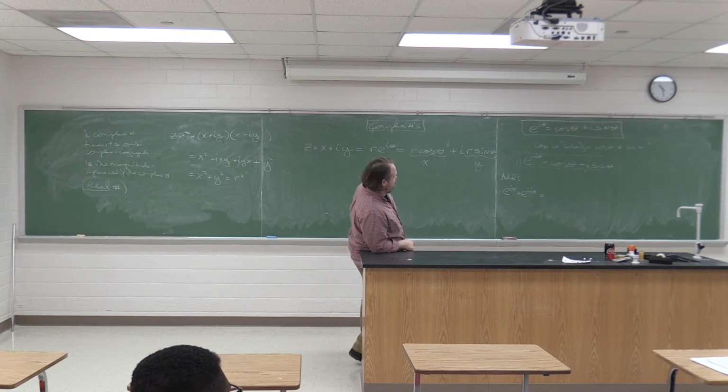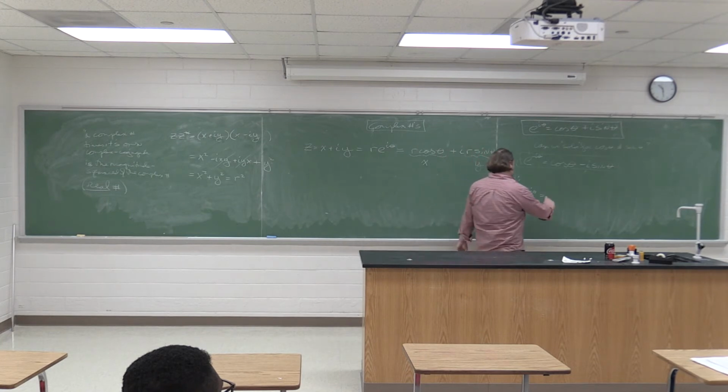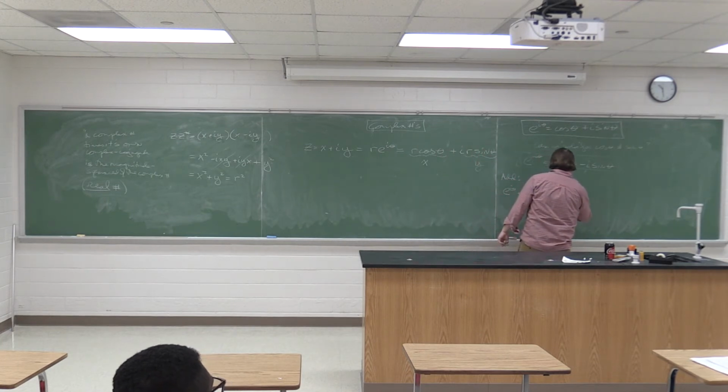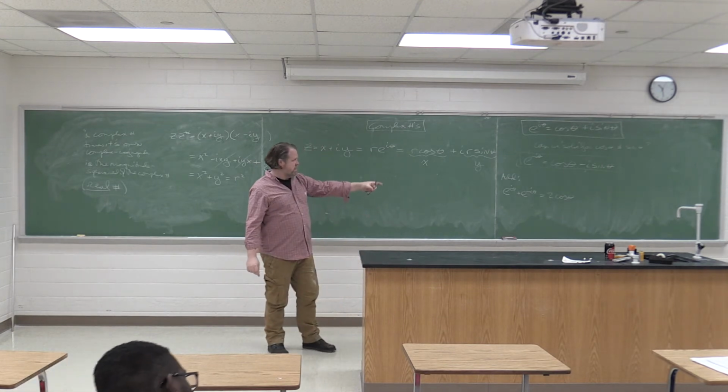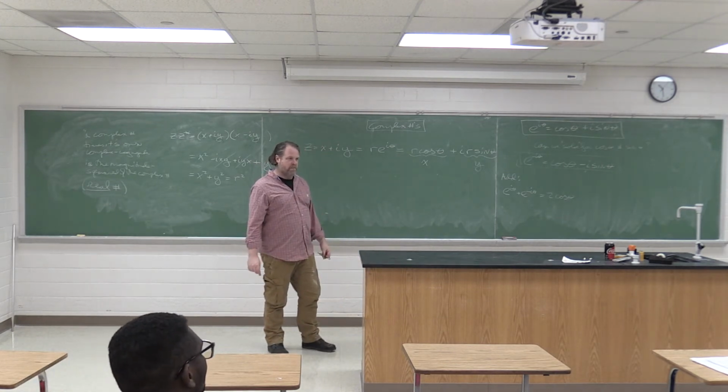What's happening on the right-hand side? 2 cos theta. So cos theta is the sum of those things divided by 2.